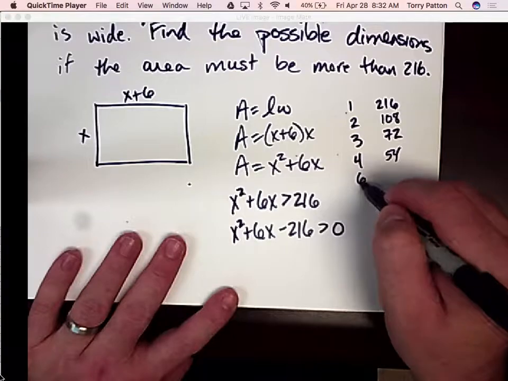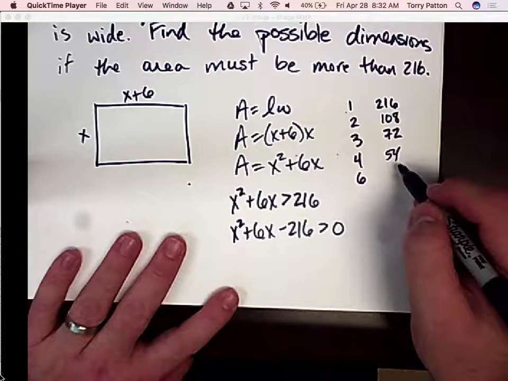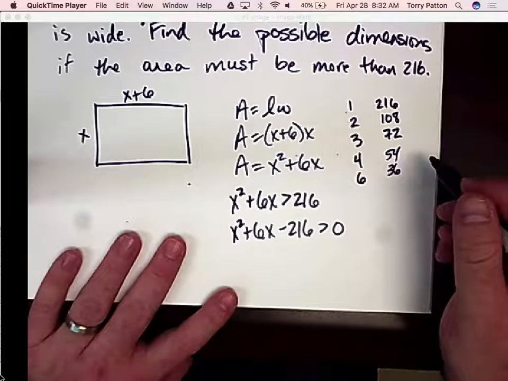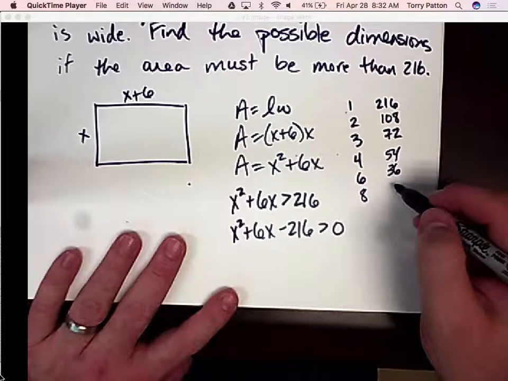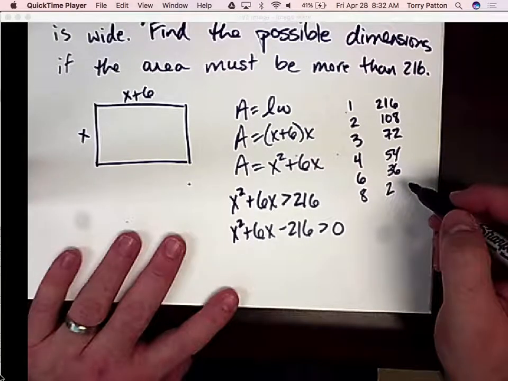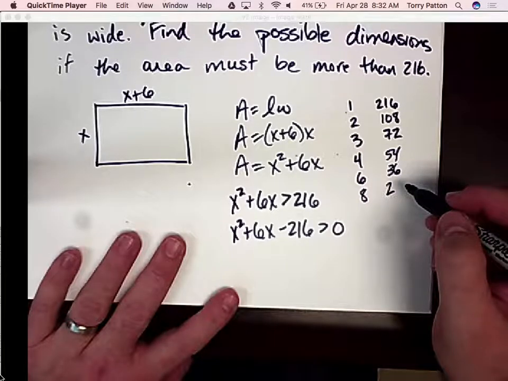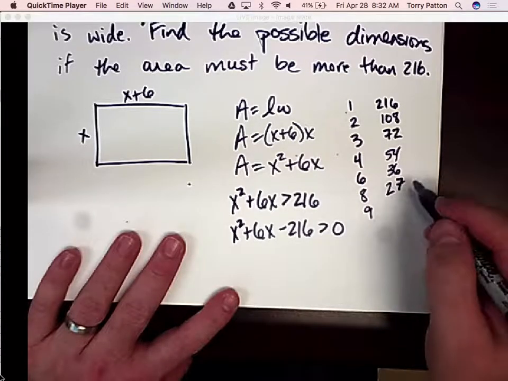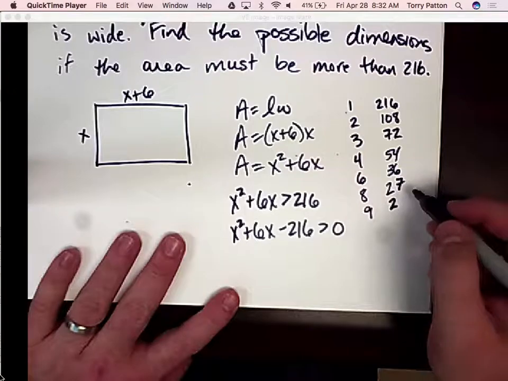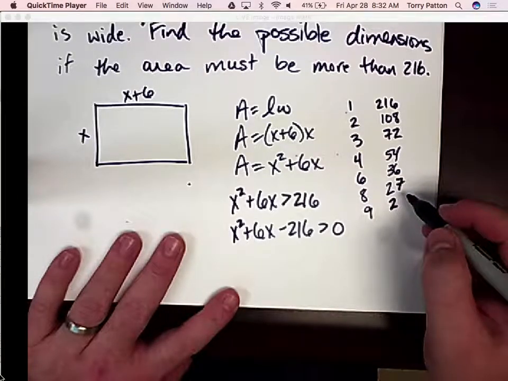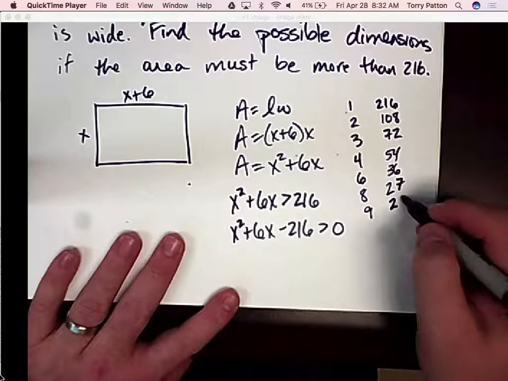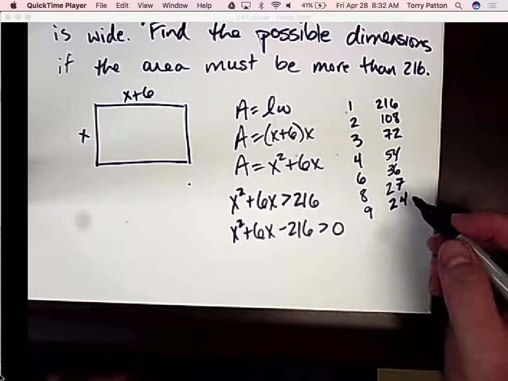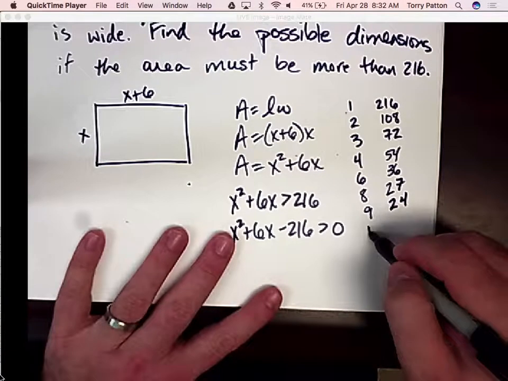6 and 36 doesn't work. 7 doesn't go into 216. 8 and 27 doesn't work. 9 and 24 doesn't work, but we're close. 10 doesn't go into there. 11 doesn't go into there. 12 and 18.